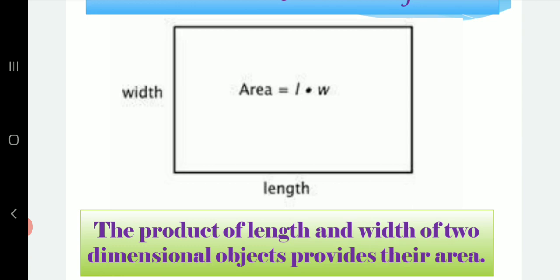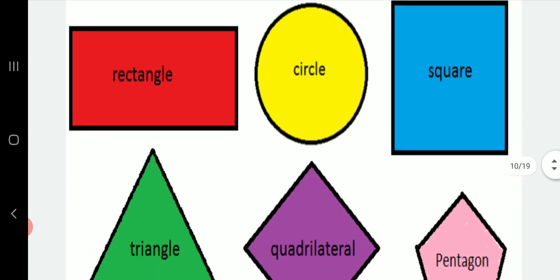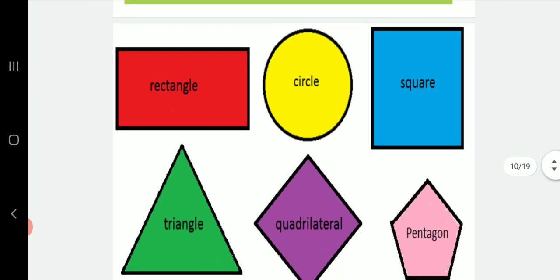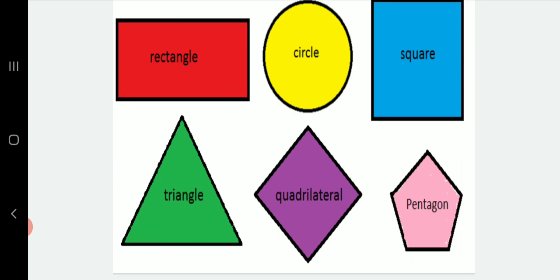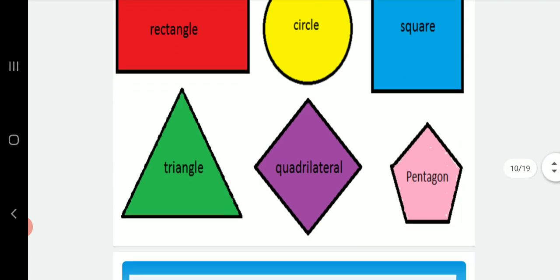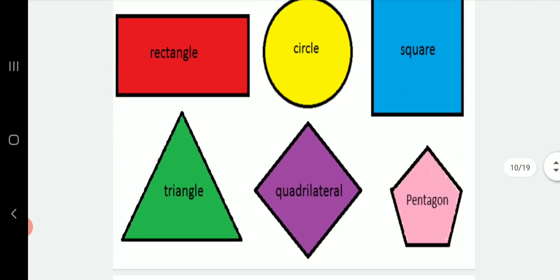We'll see some examples of 2D objects here: rectangle, circle, square, triangle, quadrilateral and pentagon. These all have length and width, so we can find the area of these with the help of the figure.